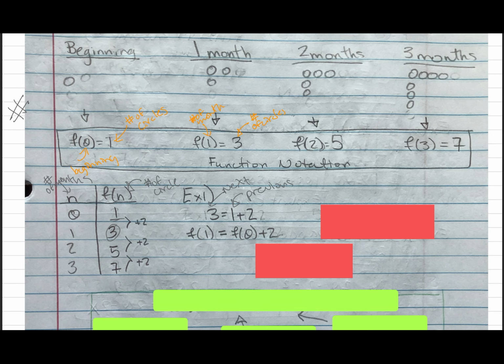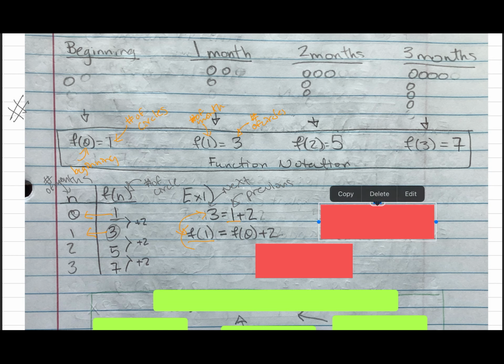Now, I'm going to write this in function notation because that's what we're focused on. So 3 in function notation is f of 1. And then 1 in function notation is f of 0. So these two things mean the same thing. One's written with just numbers, the other down here is written in function notation.